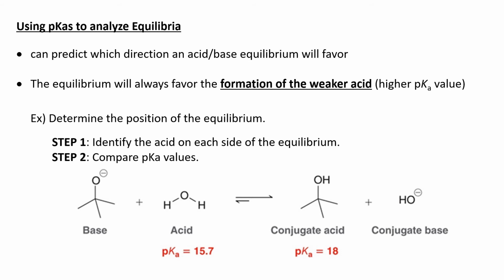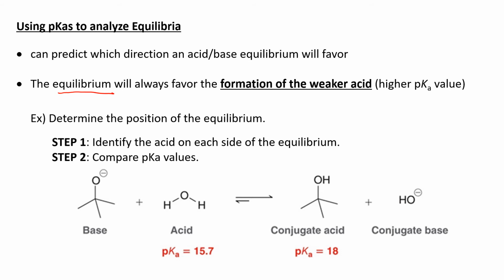So, when we analyze an equilibria, the equilibria will always favor the formation of the weaker acid. All right, so if we want to determine the position of an equilibrium, step 1, we're going to identify the acid on each side, and we're going to compare the pKa values.